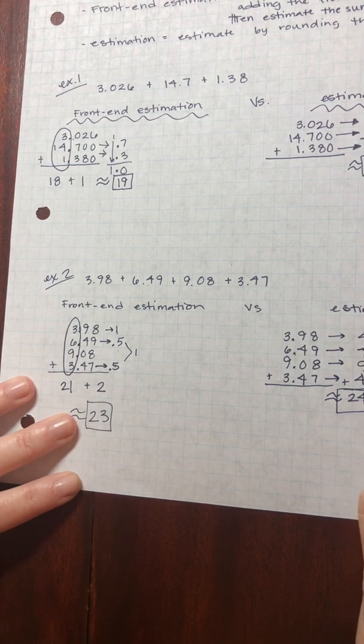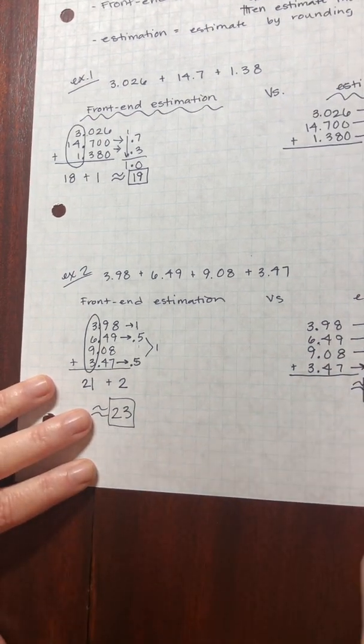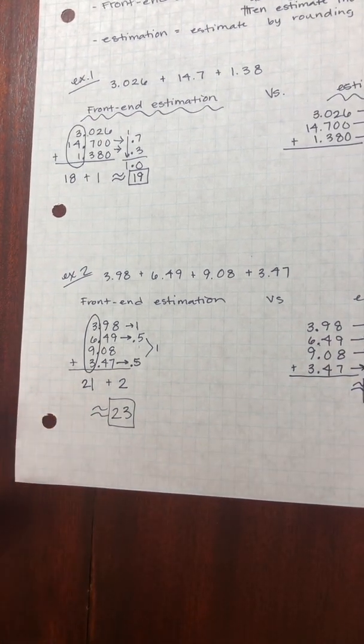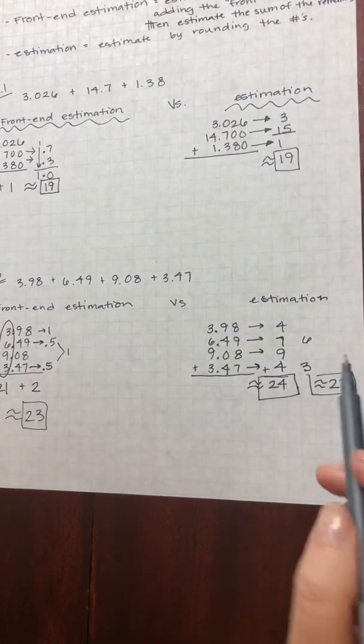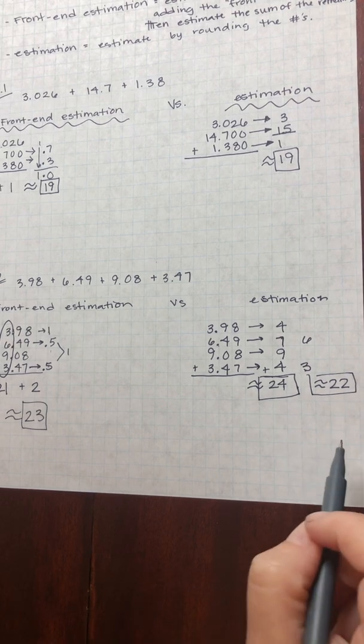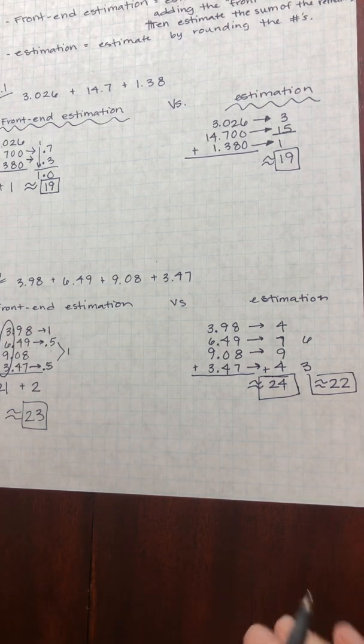So your answer would have been approximately 22, which is 1 away from 23, so also a good answer. So these are kind of tricky, because we just want to be within 1 or 2 points of each other, okay? So that means that we will have more than 1 right answer.